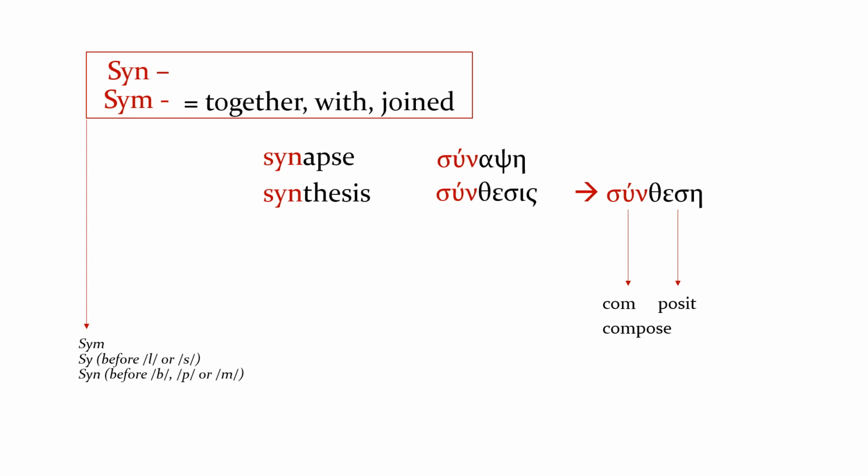Your thesis is your position in a paper. And you get words like compose, composition, composite. Okay, these are basically the same idea as synthesis, together and put. We're putting something together. We're positing. Composer. And these words are all so important, your syns and your thesis, and your com and your pose, that sometimes they even get mixed. And we'll get something like this, a symposium. Sym is Greek, posium is Latin.